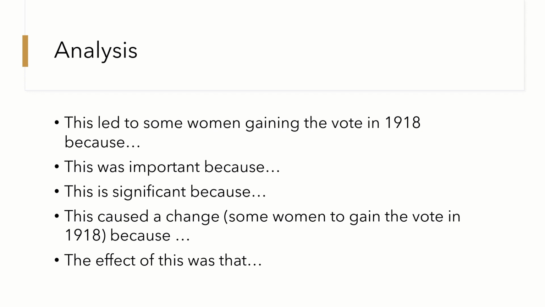It gained sympathy for their cause. That's the sort of wording you'd want to bring in. Other sentence starters for your analysis could be: this was important because, this is significant because, this caused a change, or this led to women gaining the vote because the effects of this was that. Again, your basic one I would say is this was important because, to bring in your analysis.